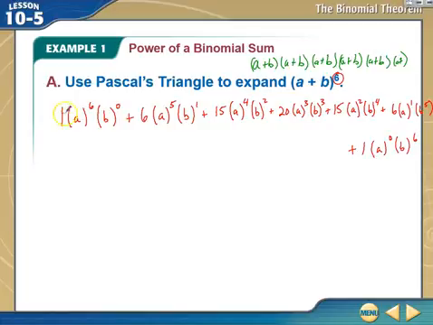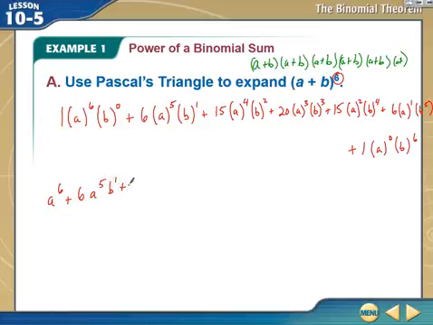First thing is, a to the 6th is 1, that's a to the 6th. Plus, what happened to b to the 0? Anything to the 0 power is 1. So here I have a to the 5th, b to the 1st, but with a 6, so I do 6 a to the 5th, b to the 1st.